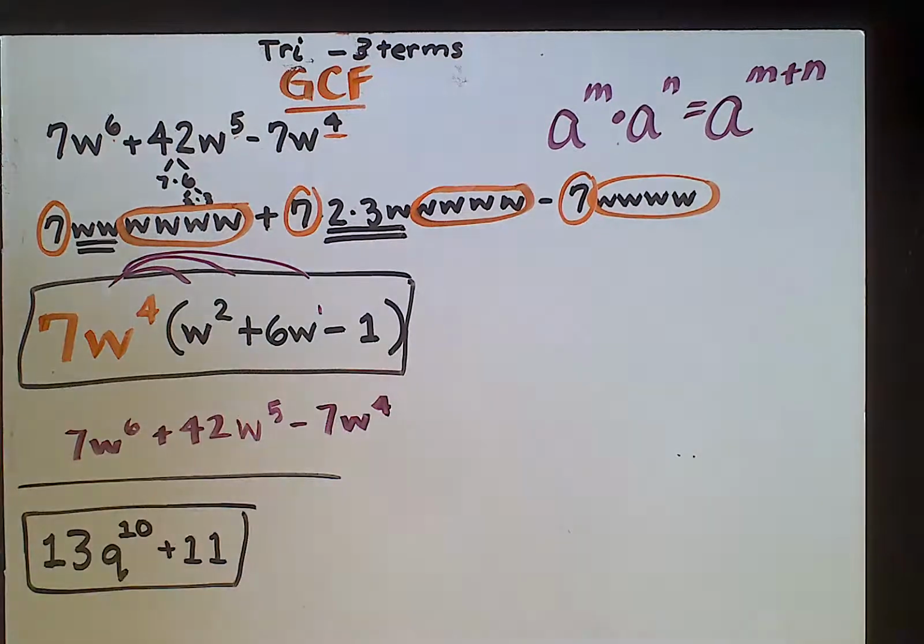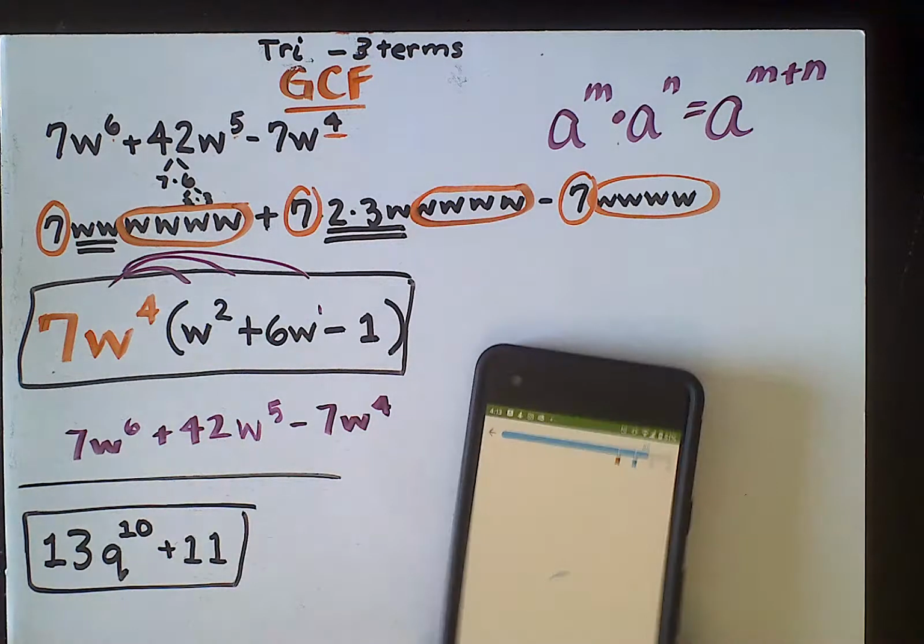I already know that that's the answer, so I'm just going to write that on in. 13q to the power of 10 plus 11. So I want to move on to something that's a little bit more difficult for y'all.